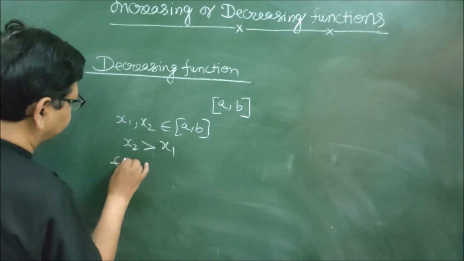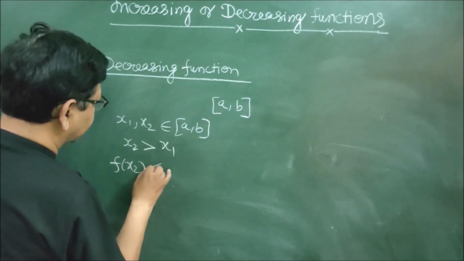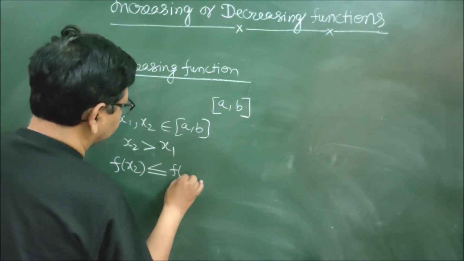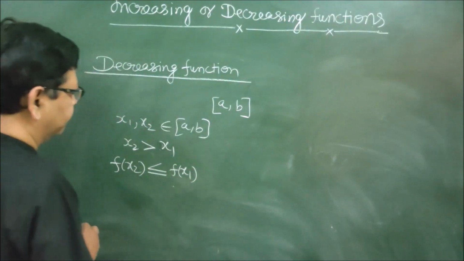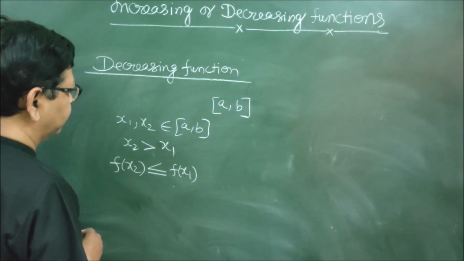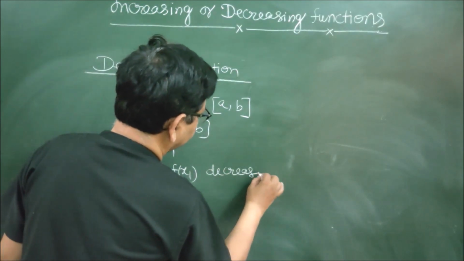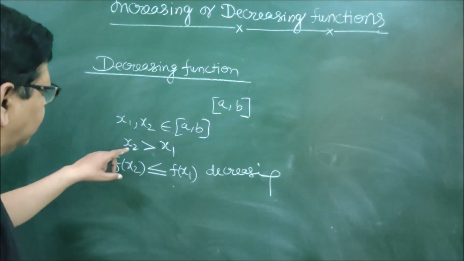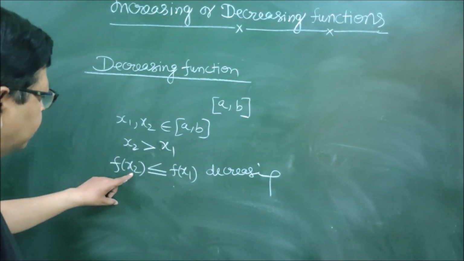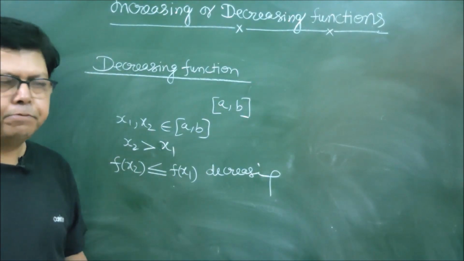If the value of the function f(x2) is less than or equal to f(x1), then we say that the function is decreasing. That is, on increasing the value of x, the value of the function is decreasing.